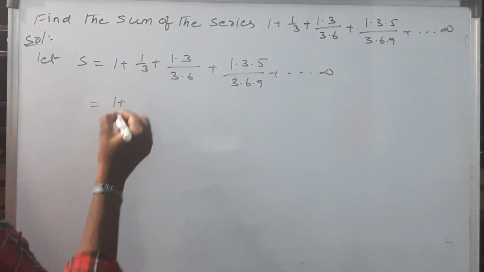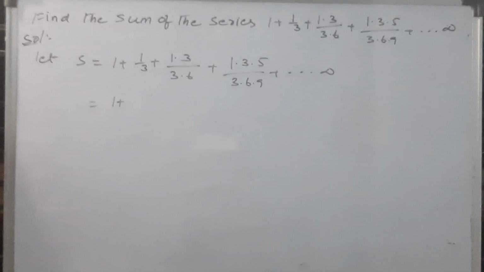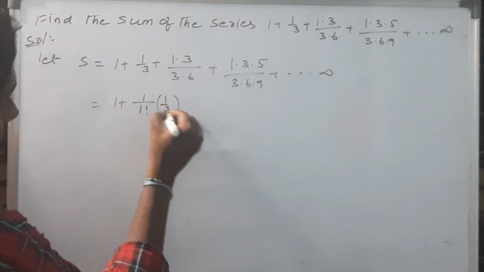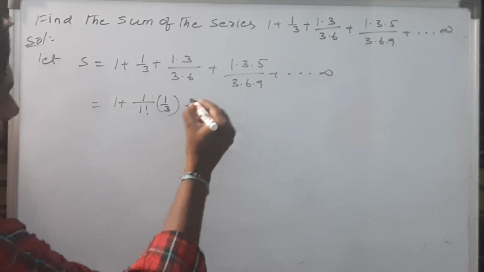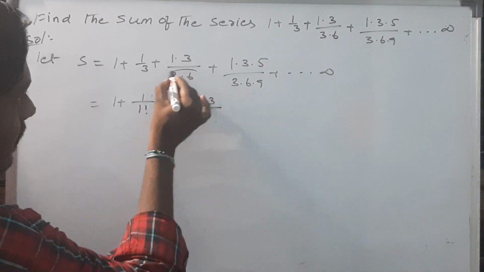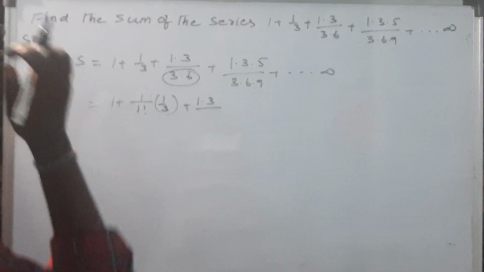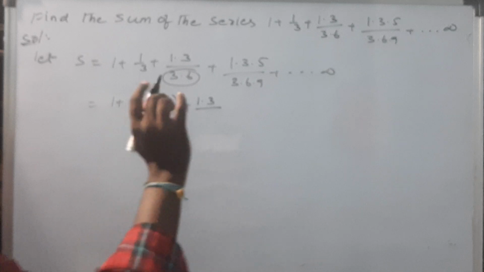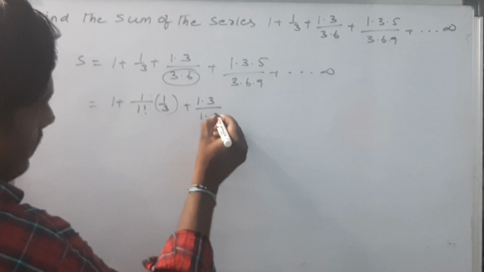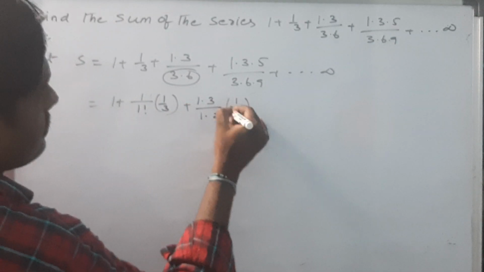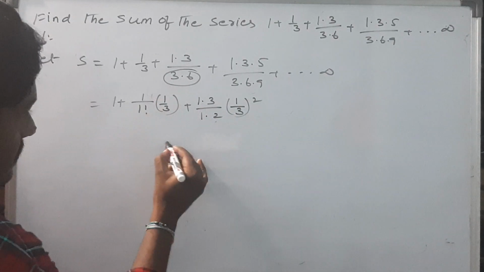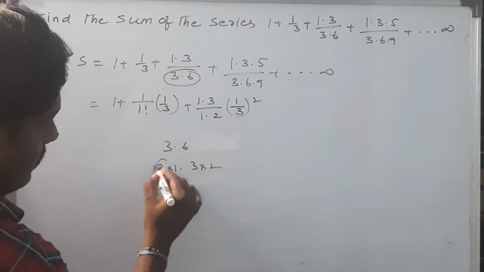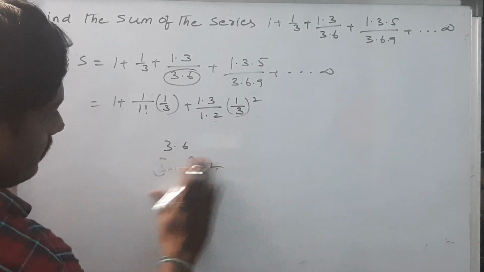That is equal to 1 plus 1 by 3, which can be written as 1 by 1 factorial into 1 by 3. The second term is 1 into 3, and the denominator is 3 into 6. This can be written as 3 into 1, 3 into 2. So the denominator can be written as 1 into 2 by 1 by 3 whole square, because 3 into 6: 3 is 3 into 1, 6 is 3 into 2. 3 into 3 is 3 square, and 1 into 2 is there.